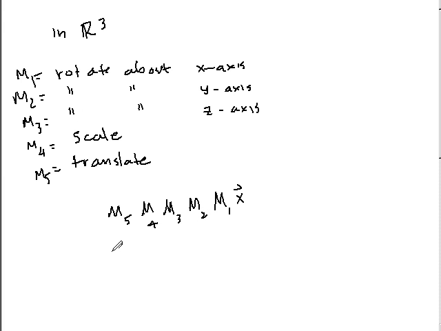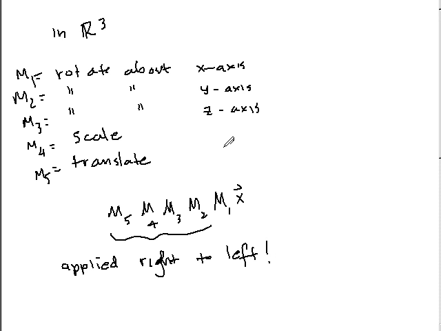So if you're going to calculate this matrix, you have to make sure that it goes right to left rather than left to right. Now if you take a solid body and rigidly rotate it, scale it, and then translate it, you can get any kind of 3-dimensional motion. Now there are other ones that are shearing and things like this.